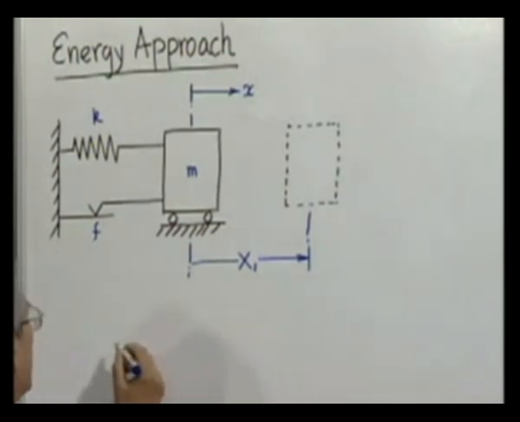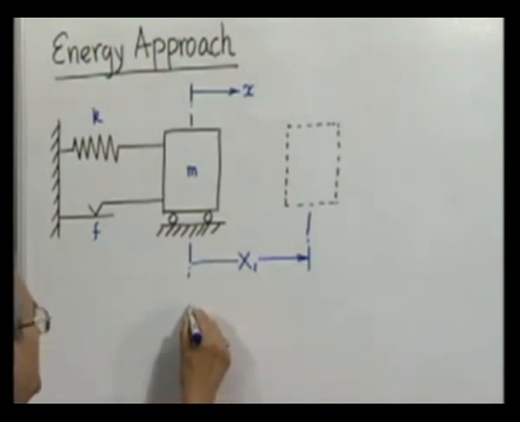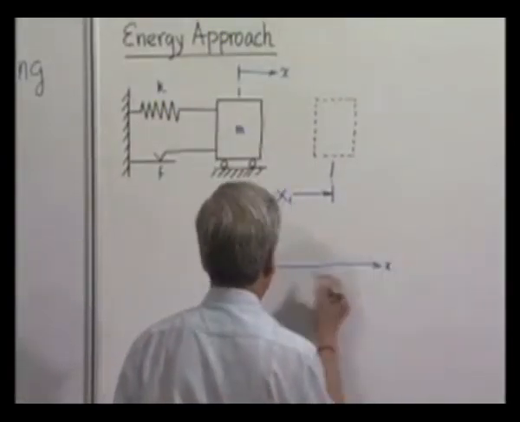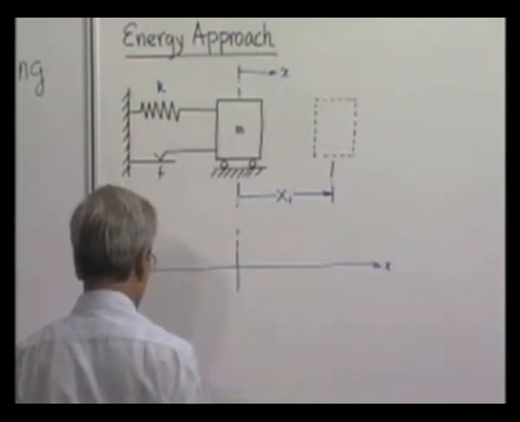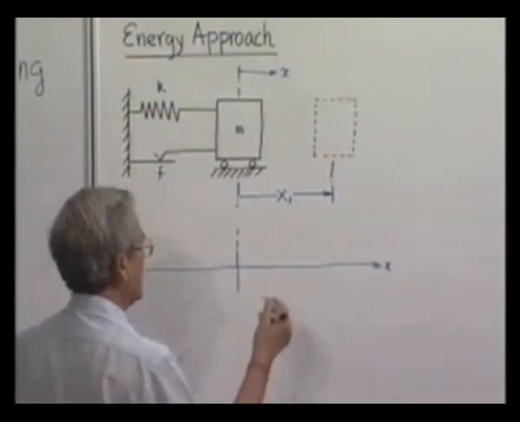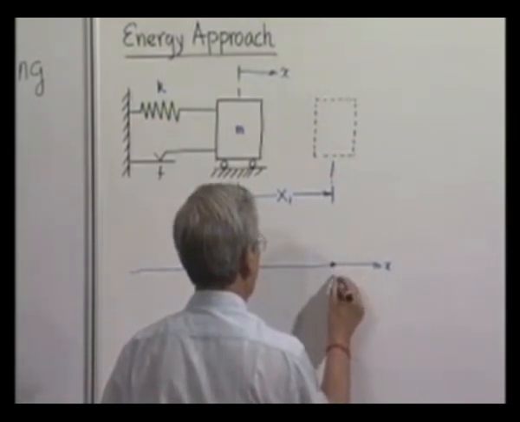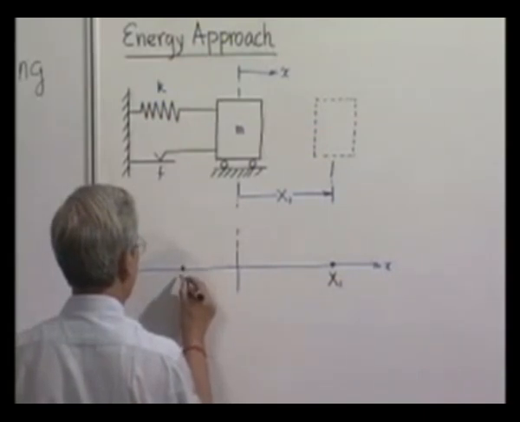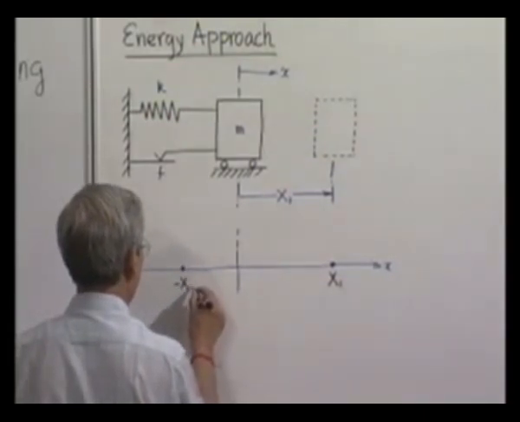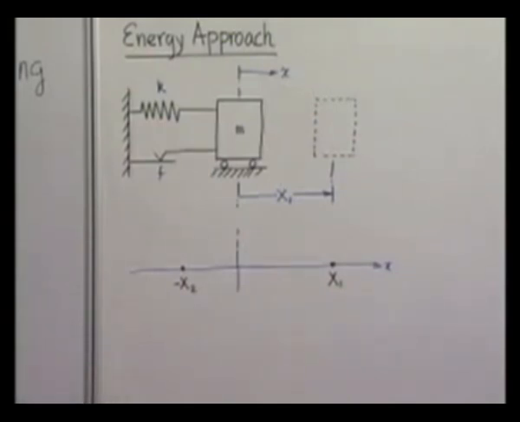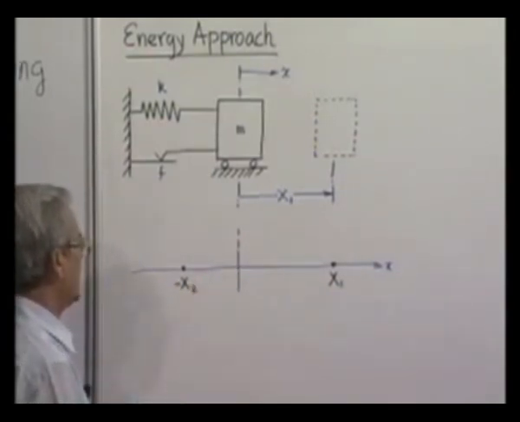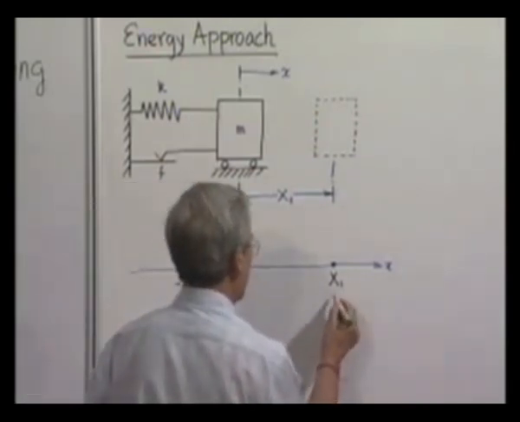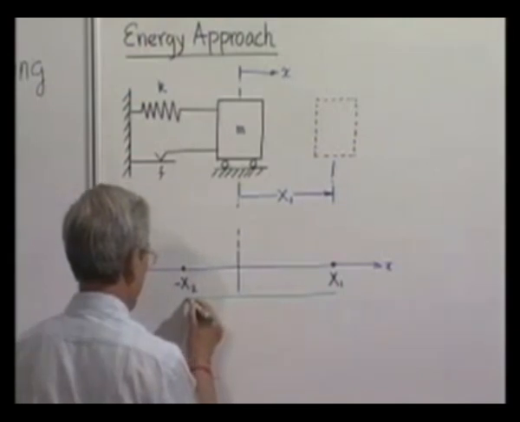So this is the starting position. If we put the location of the mass, first it is here, capital X1, then in the first half cycle it comes here, and here it is the equilibrium position. So this is the first half cycle, it comes from here to here.